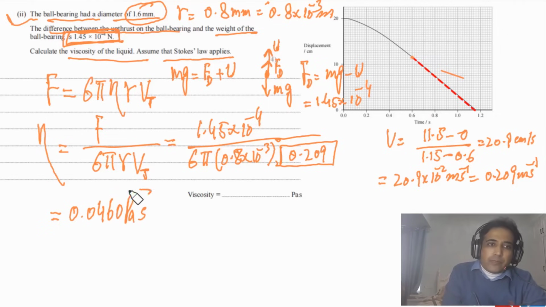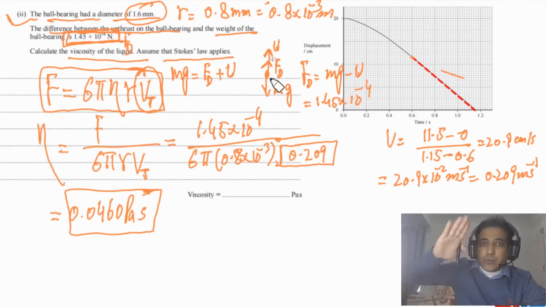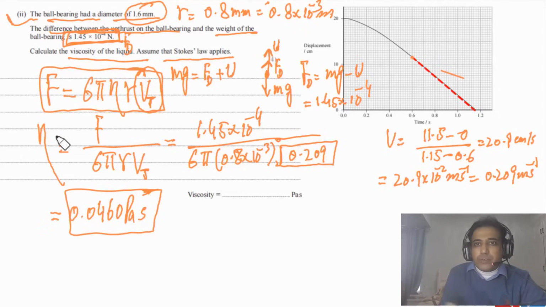So this is our final answer. This is how you can calculate. The main concept is that you need to understand F is equal to 6 pi eta R V. Then you need to identify this is the terminal velocity, and understand this value is the drag force because the ball bearing is falling at constant velocity, and then you can figure out viscosity.